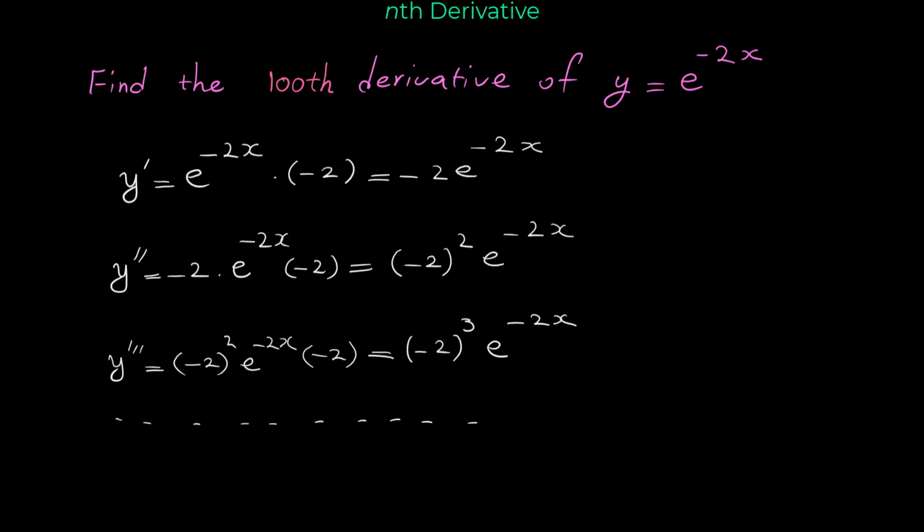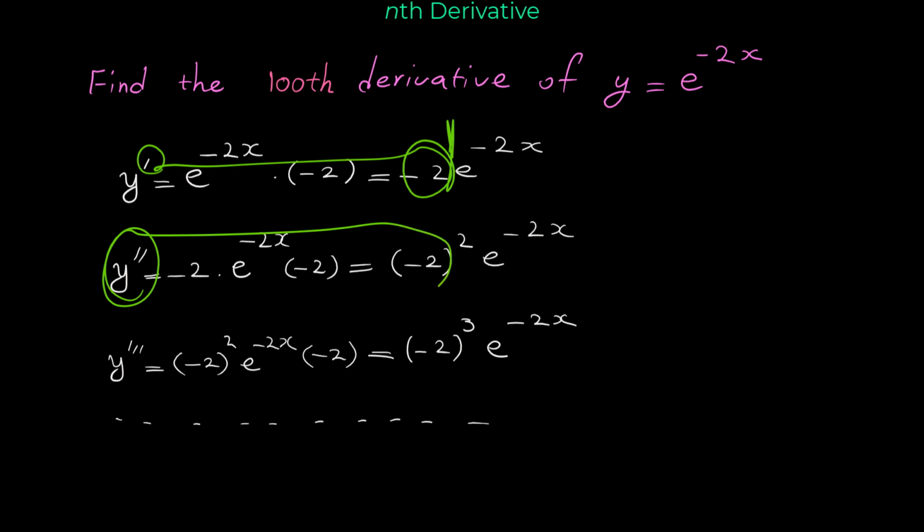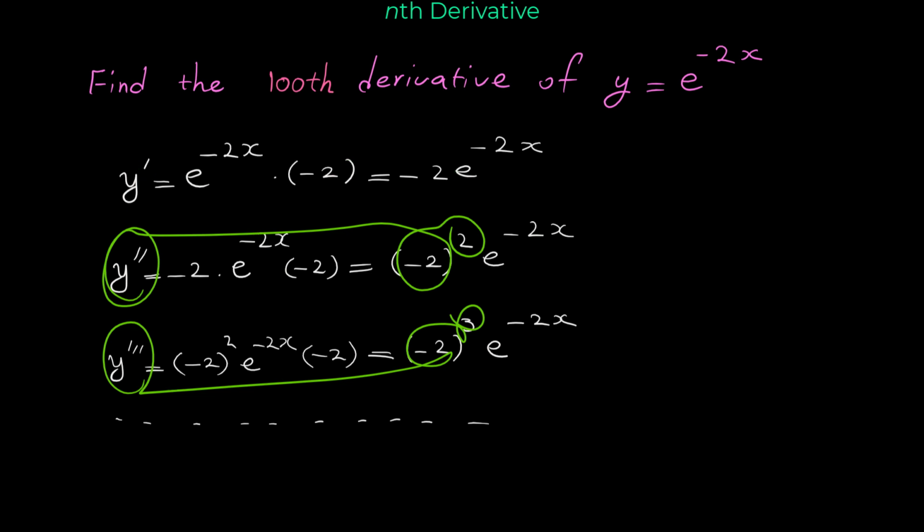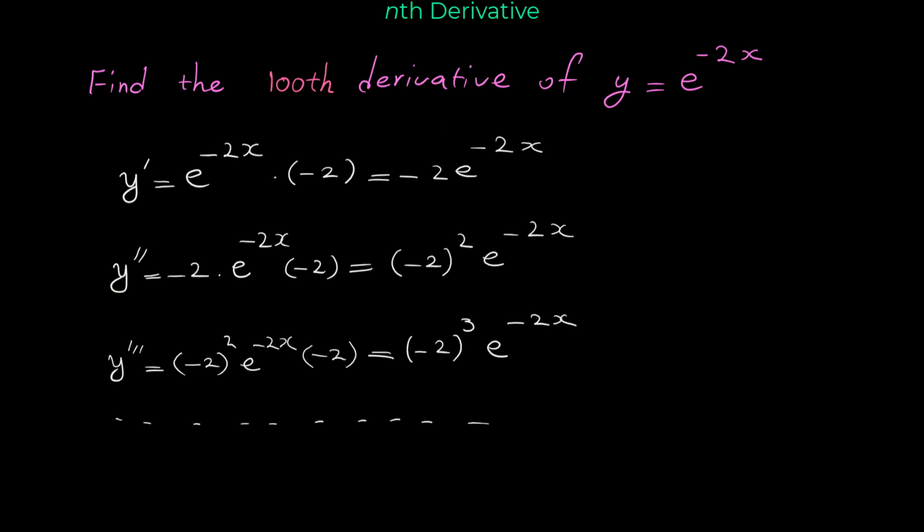If we continue this procedure, can you guess what would be the 100th derivative? Attention! The first derivative is negative 2 to the 1. The second derivative is negative 2 to the 2. The third derivative is negative 2 to the 3. What is the 100th derivative?